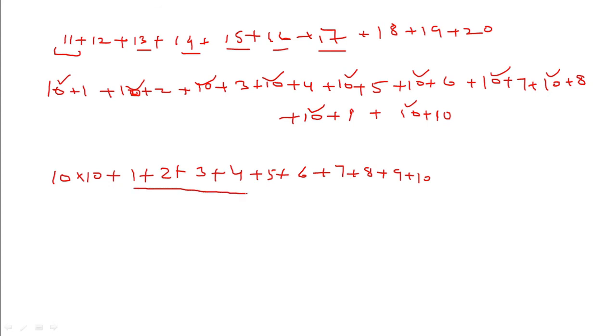So what is the sum of 1 to 10? 55. We have seen in the last example. 10 into 10 is 100, so the sum becomes 155. Okay, so got it how we got 155.